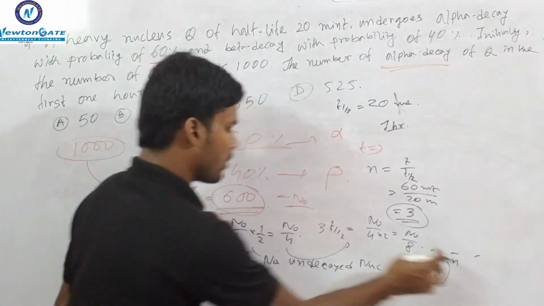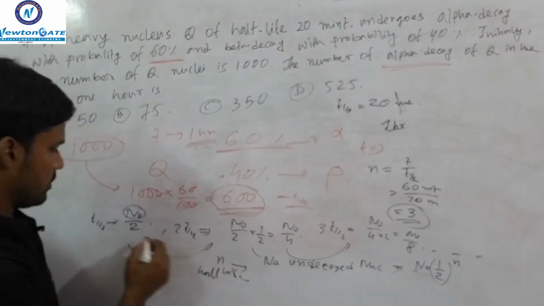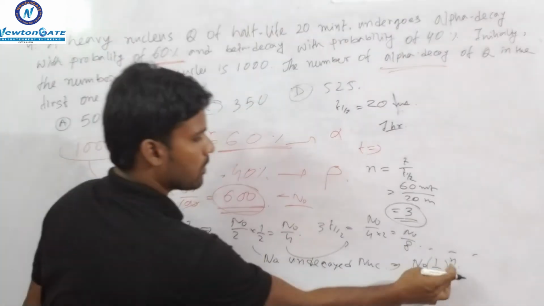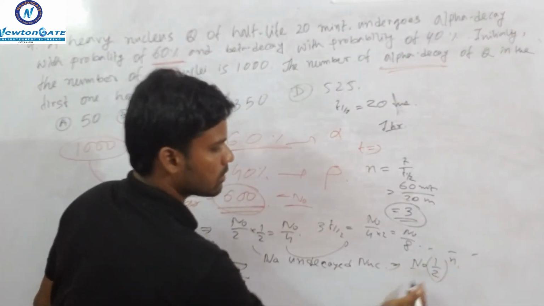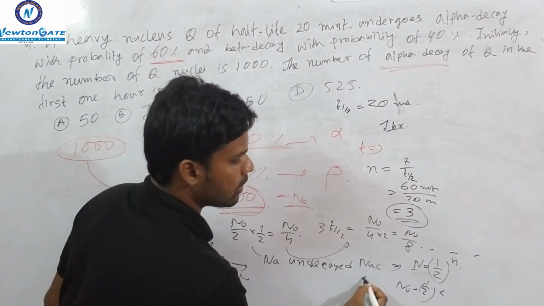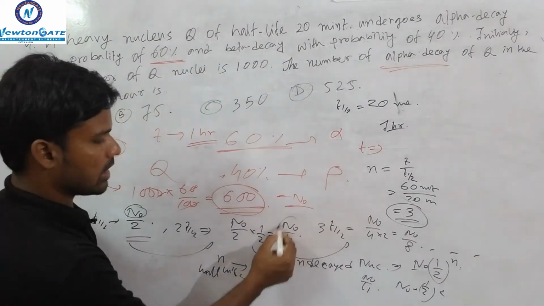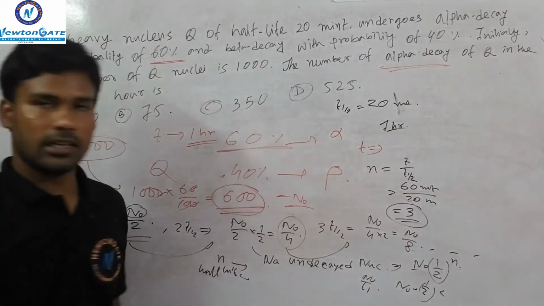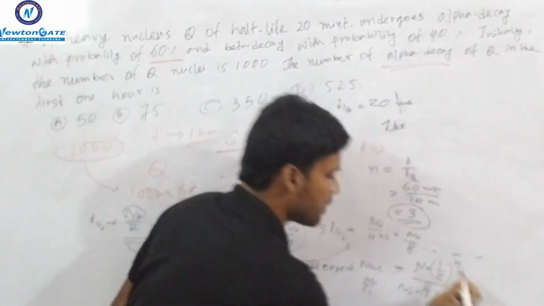Whenever n is 1, you get N0 by 2. For n equals 2, N0 into 1 by 2 squared, that means N0 by 4. For n equals 3, 2 to the power 3 is 8, so N0 by 8, and so on. So this is our general formula, you have to remember this.